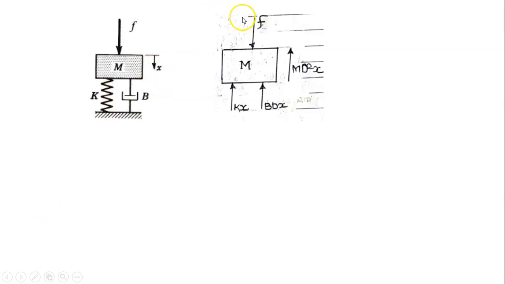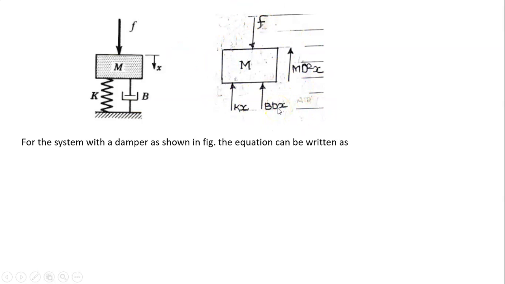Now we know that accelerating force and inertia force are equal and opposite. Therefore inertia force will act in the upward direction, which is equal to md square x, because accelerating force is acting in the downward direction. Therefore making summation of the forces, we are going to write down the equation F minus kx minus bdx is equal to md square x.